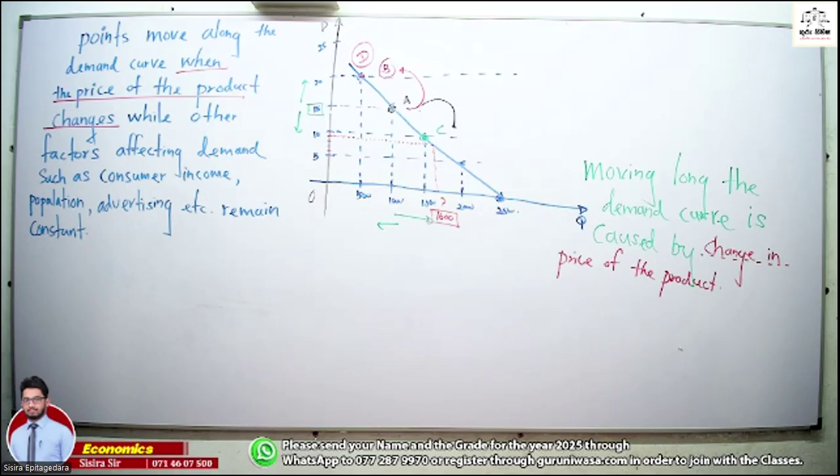Here we assume that consumer income and population do not change. Assume means we imagine. Is that clear? Here only one factor changes, which is the price of the product. Did you get the point? Here price changes; income, population, advertising do not change. Okay? Can you show me your note?